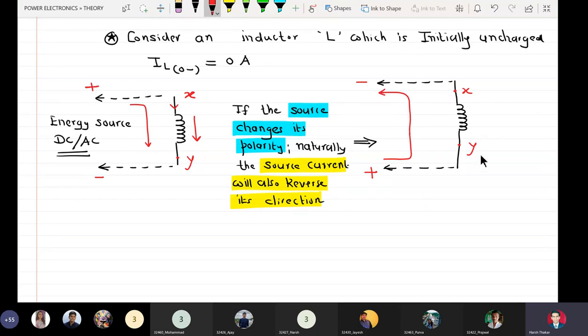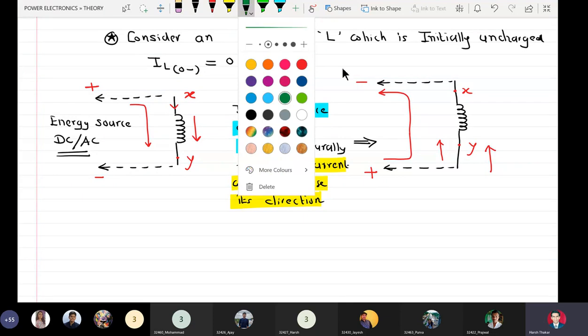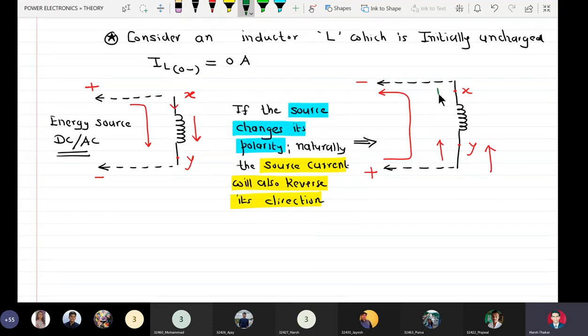So the source is trying to push the current in this direction, but understand, students, that the inductor had got charged with current flowing from X to Y, and the source has reversed polarity, so it is trying to push the current from Y to X.